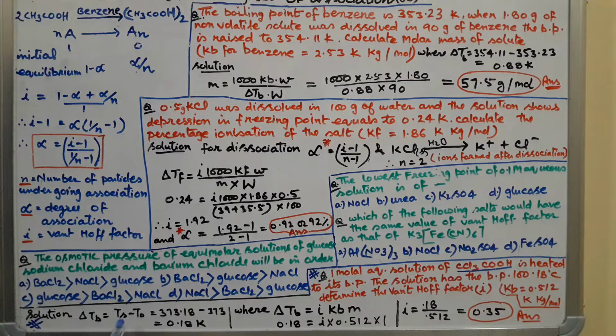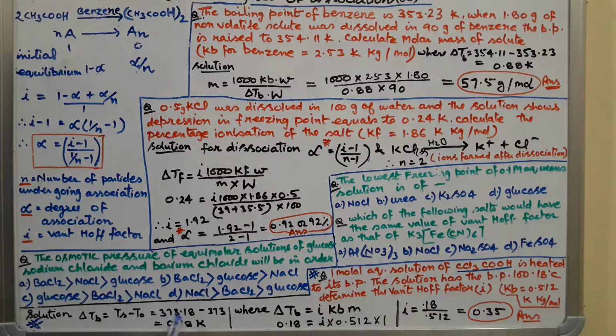So delta Tb is going to be the difference between the two. Ts is the boiling point of the solution, and T naught is the initial one. After adding solute, it is the elevation of the boiling point, that is coming to be 100.18.